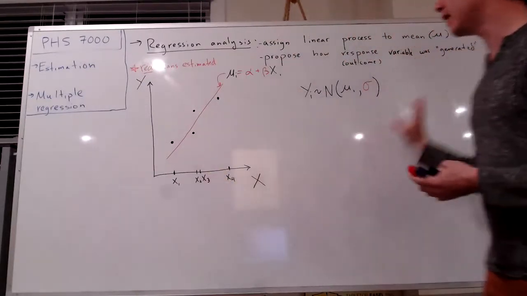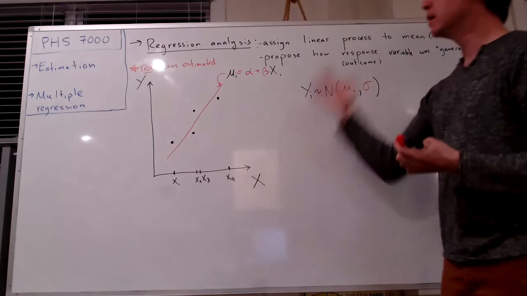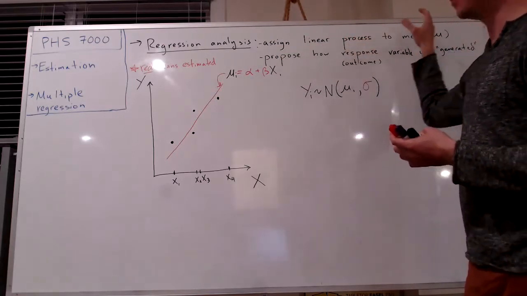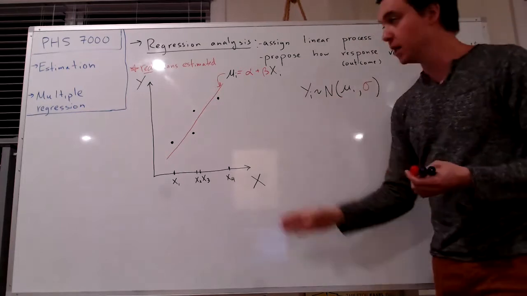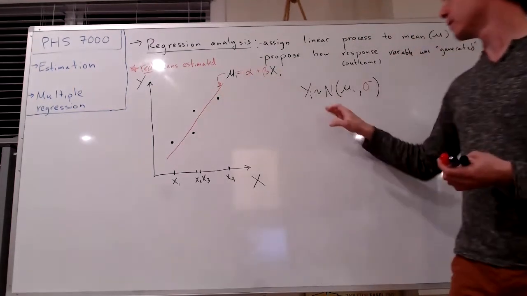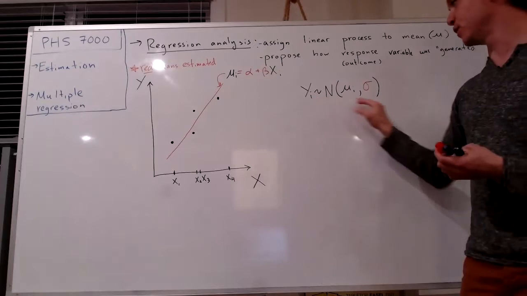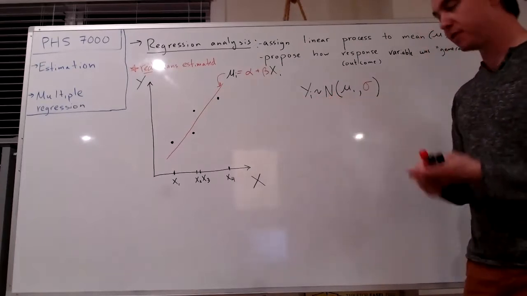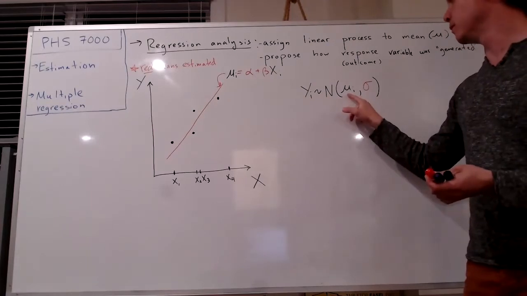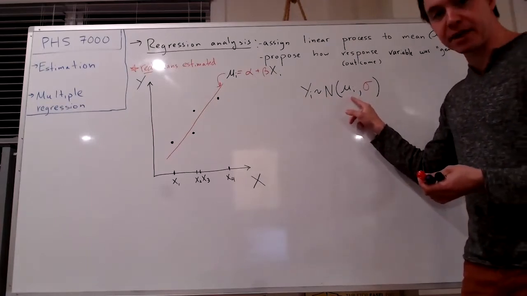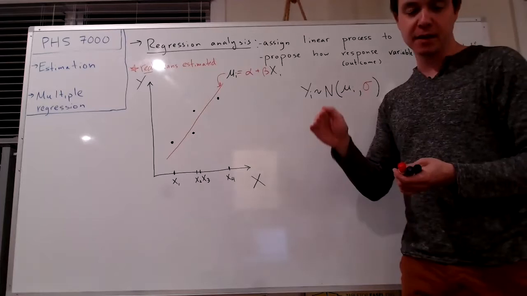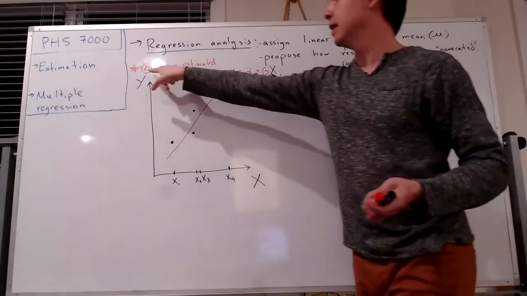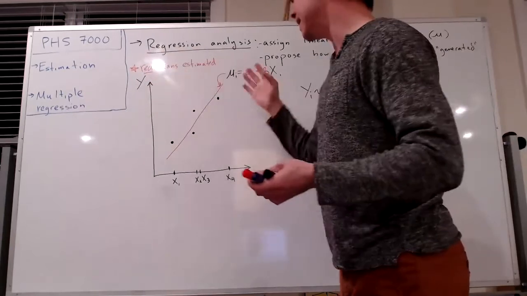So this is our world as we know it. Regression analysis, we've assigned a linear process to the mean of a distribution that generates our data. And thus far, we've assumed that our response variable, also called the outcome variable, is normally distributed with some mean that varies by observation. It doesn't mean that we estimate a separate parameter for each observation because what is in red is estimated.